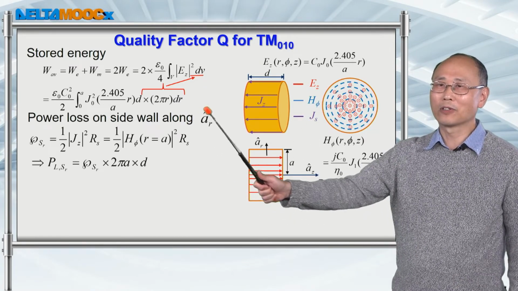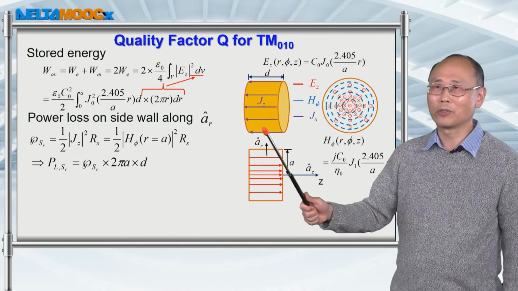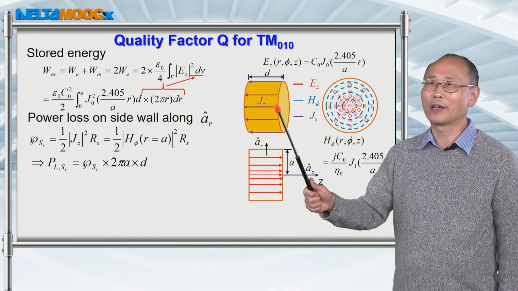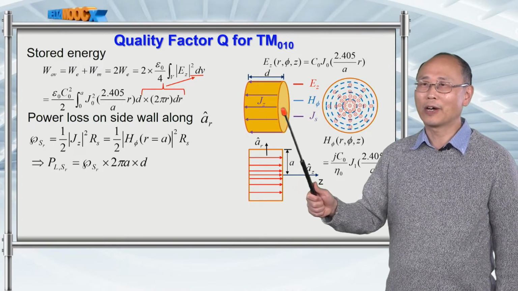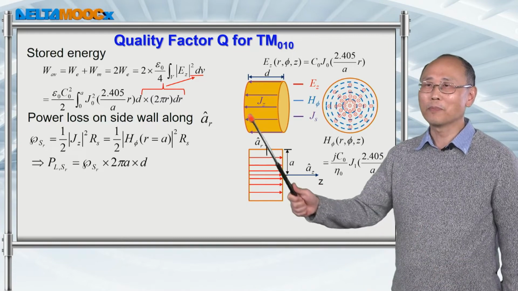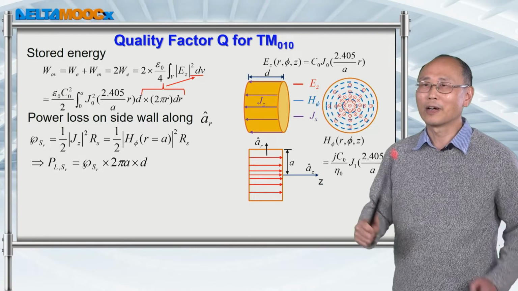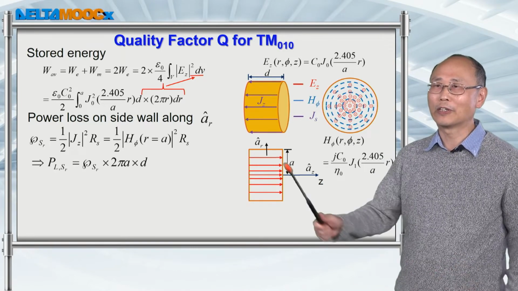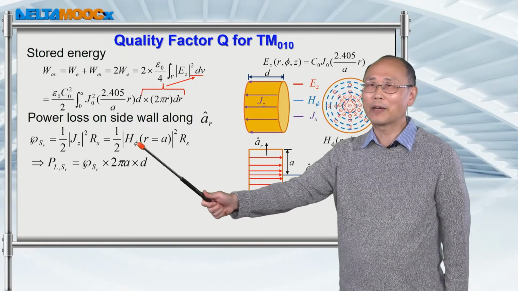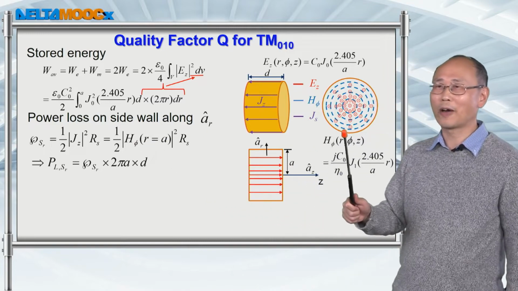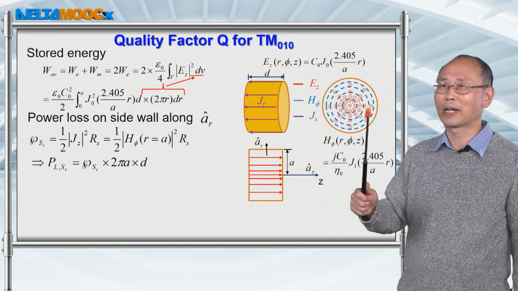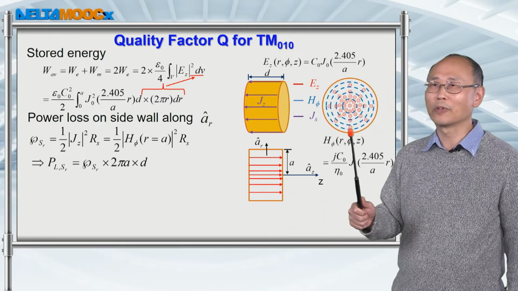And for the power loss on the side wall, you want to first determine the surface current on this conducting wall. For example, the lines tell you the direction of the surface current induced by the phi component of the magnetic field. You have the phi component magnetic field denoted by those blue lines.